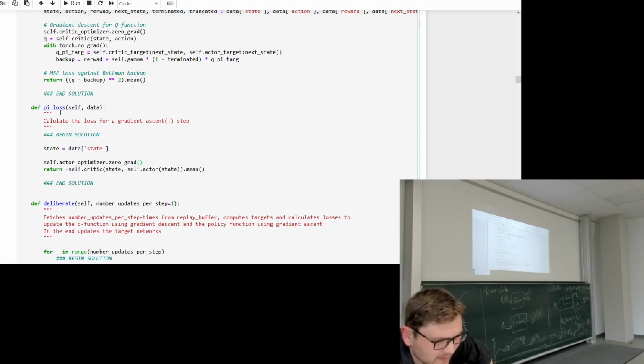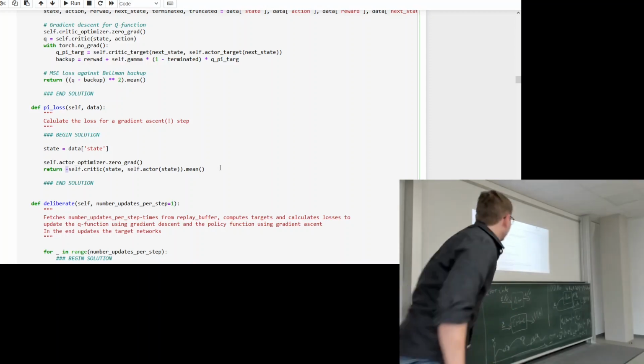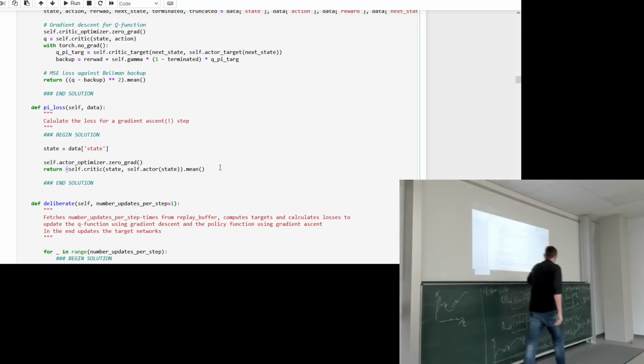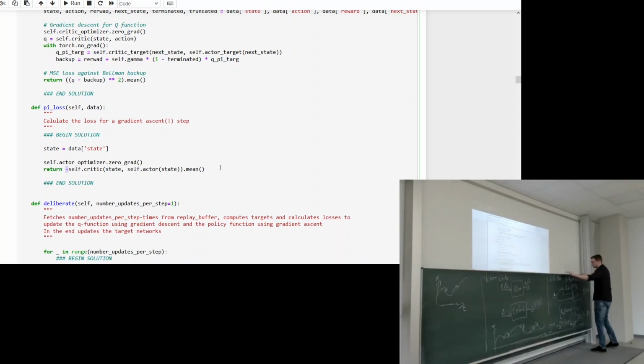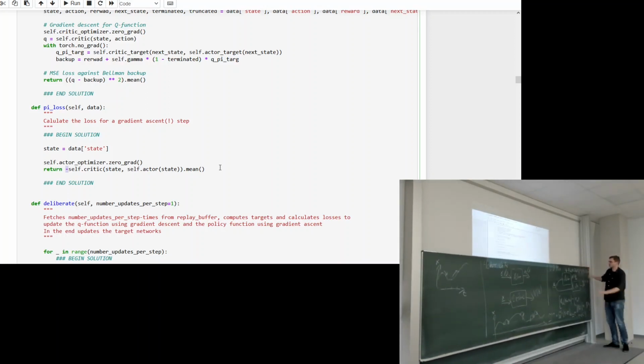policy function. So pi, which is not only the critic with the action plugged in, but it also has this minus in front here, right? So the loss that we are trying to optimize is actually just this, Q with pi plugged in.